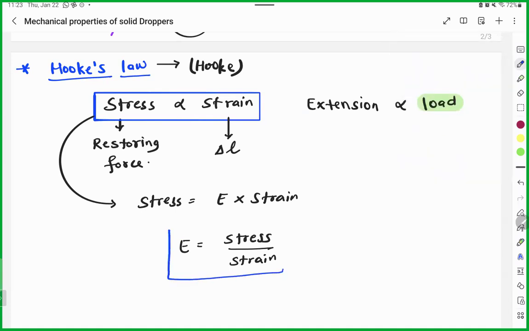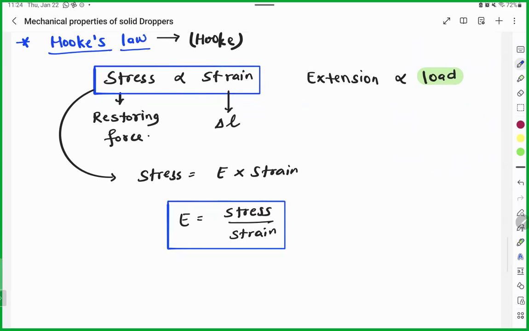Barinder, what is this E? Modulus of elasticity. Any doubt, guys? Anybody? No, sir.